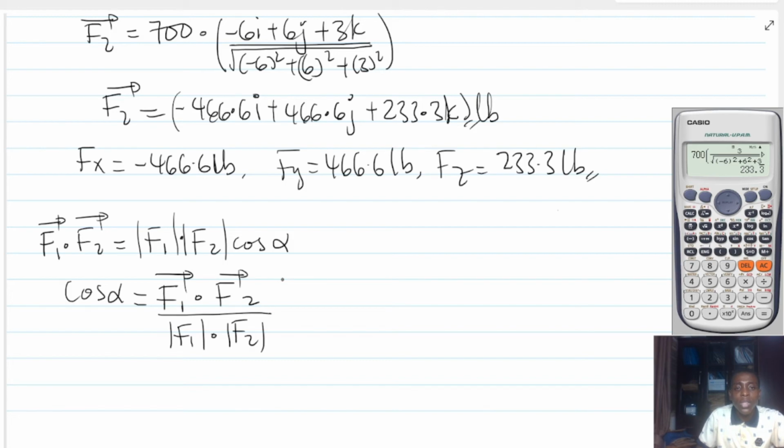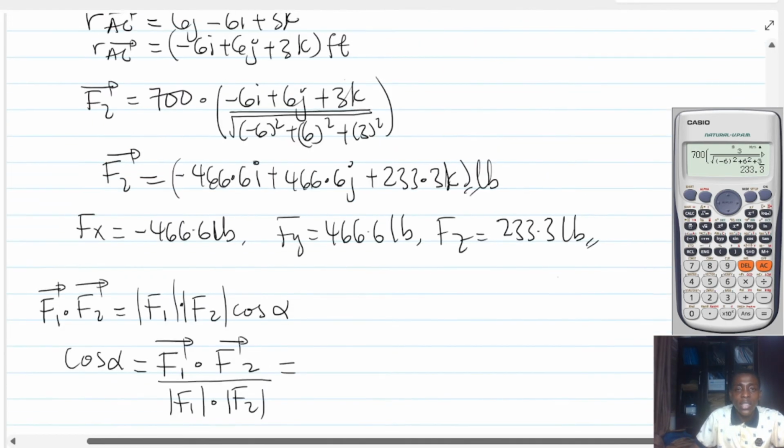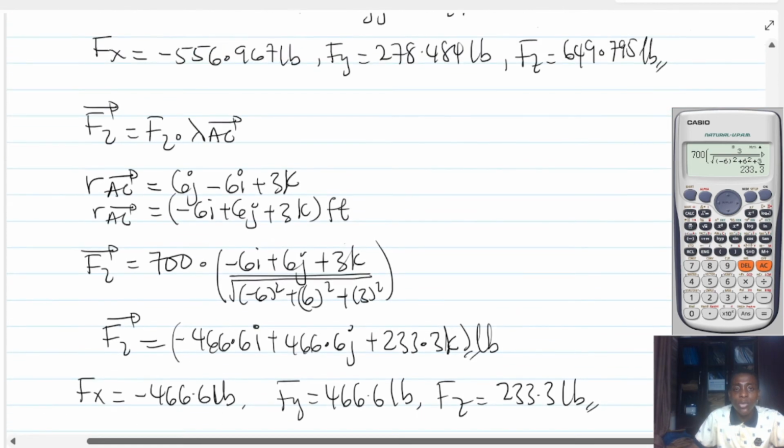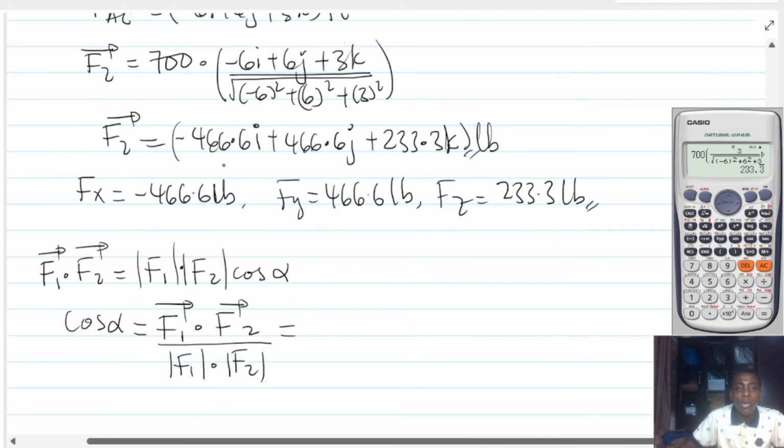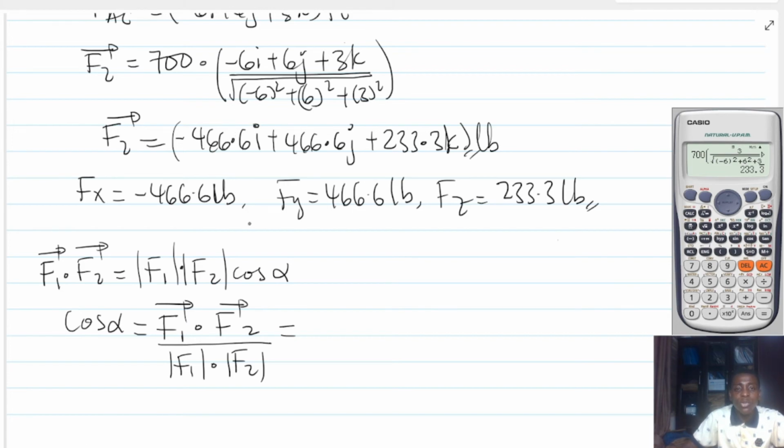Okay, now I want us to do this together, so let's take our time. We want to do the dot product. When we say the dot product, I take the i component here and dot it with the i component of this. In other words, I multiply the i components and put it at one point, do the same for the j, and do the same for the k.